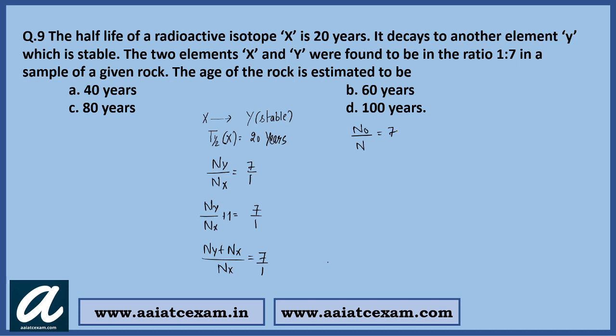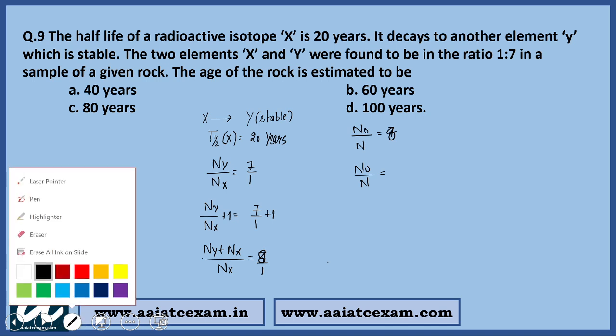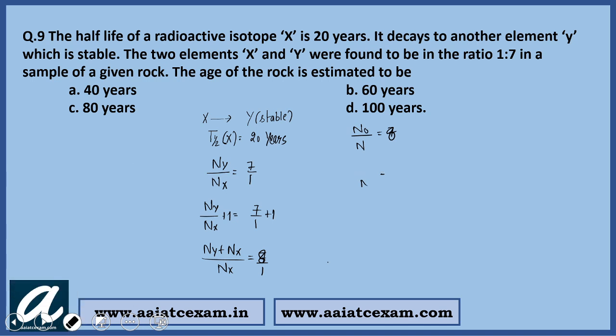Not 7, just add 1 on both sides, so it will be 8. Now students, applying the formula, n by n naught, not n naught by n. The formula is like this.